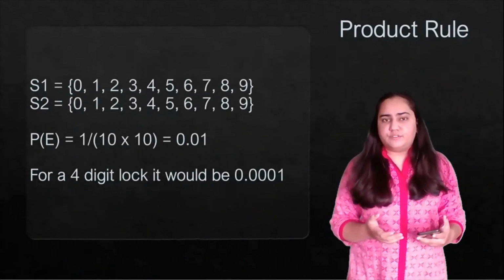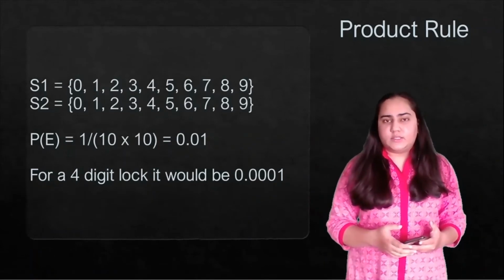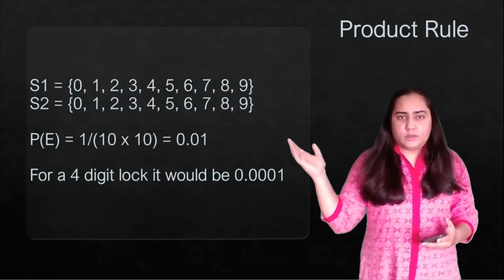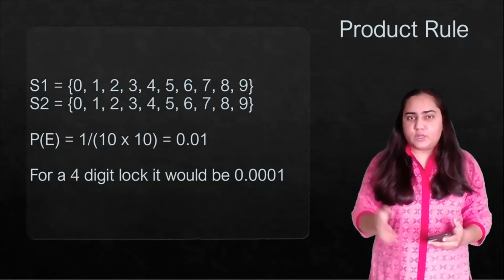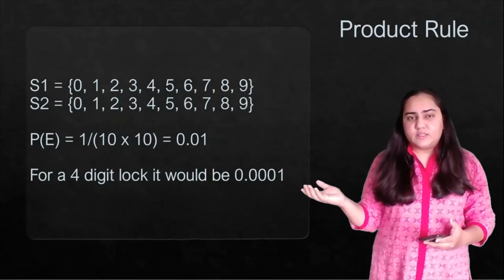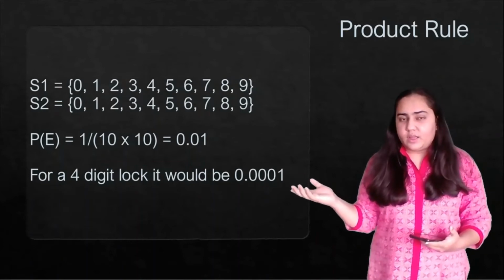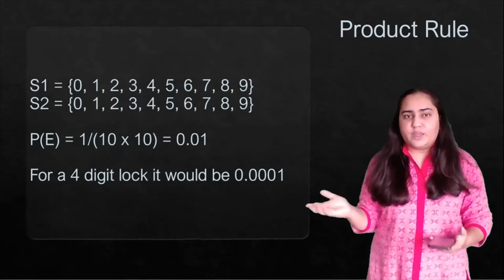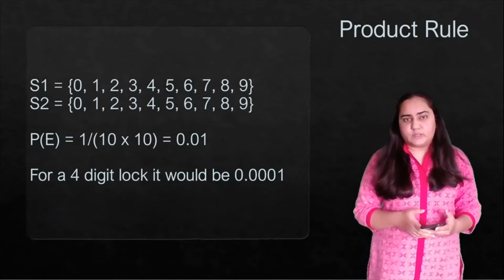So we are going to define two sample spaces. The first sample space is the first digit of my lock, which can be anything from 0 to 9. The second sample space is the second digit of my lock, and that also can be anything from 0 to 9. So these are the two sample spaces.